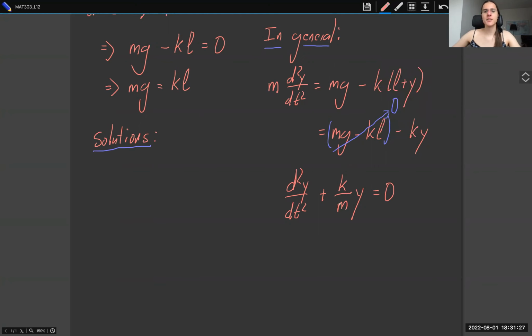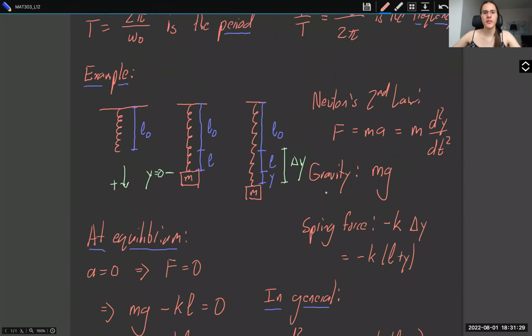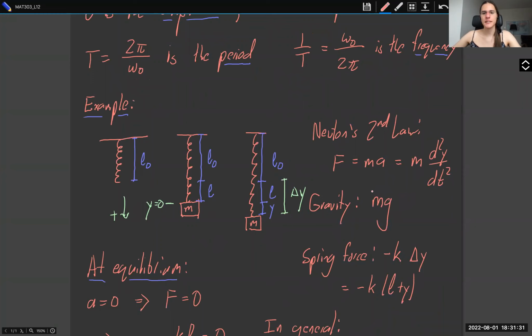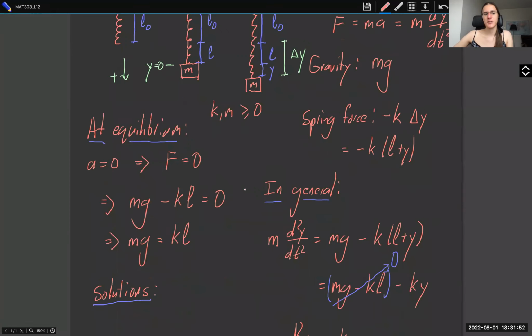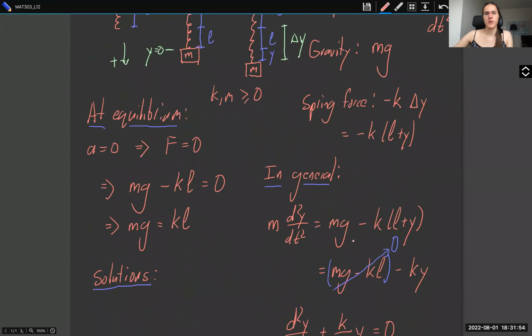and k is always going to be greater than 0 because it counteracts the displacements. And mass is also going to be greater than or equal to 0 because we don't have negative masses. So k, m are greater than or equal to 0. Well, m is strictly greater than 0, or else we're dividing by 0.